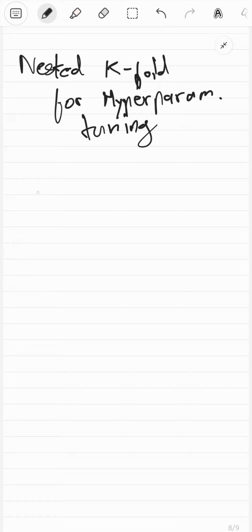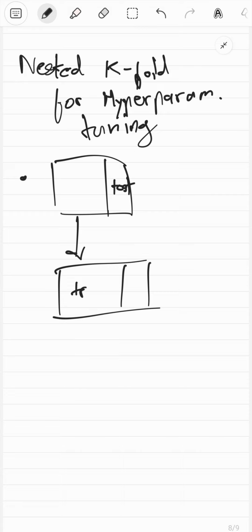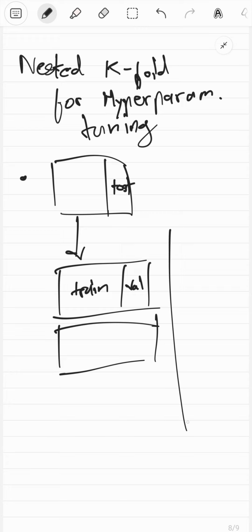Right, so the whole idea is you have the whole data set, you partition that into test and something which you will partition later, and then you partition that into different train and validation data sets, right? So maybe these are the hyperparameter values. This is the value h1 for the hyperparameter h.